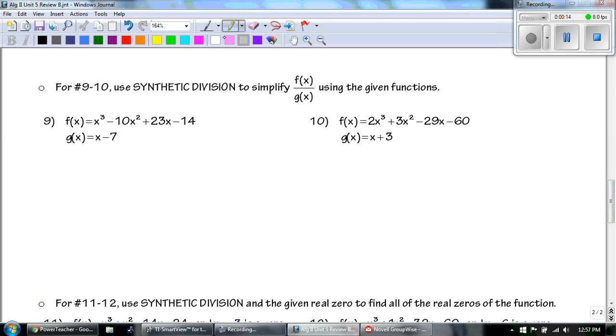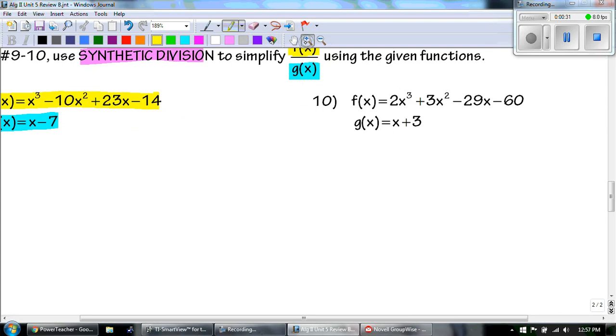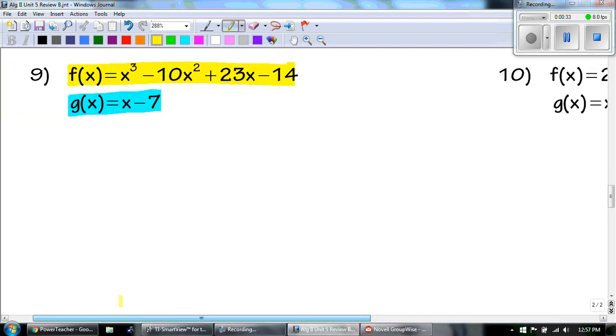So the back is saying to use synthetic division to simplify f of x divided by g of x. They're telling me in g of x, as I highlight it, that it equals x minus 7.